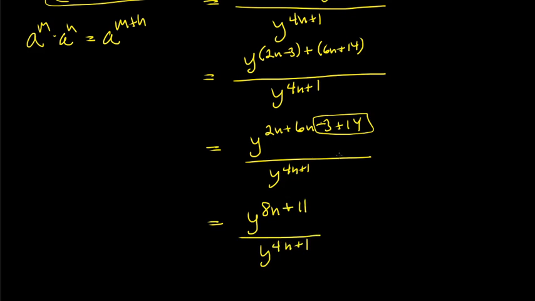Right. And now we're almost done. Right. Now the rule is, and we've used this already, I just didn't write it down, when you're dividing exponential expressions, you subtract the exponents, right? So this is going to be y to the 8n plus 11, right, minus 4n plus 1.